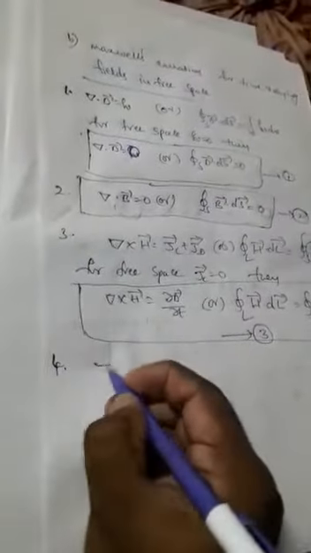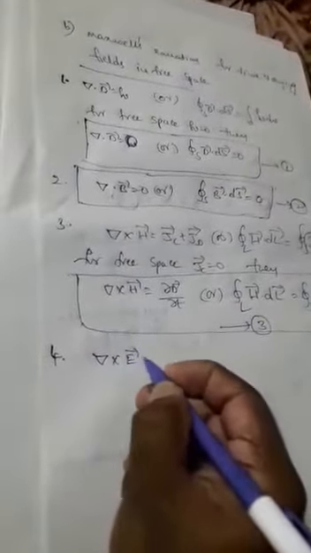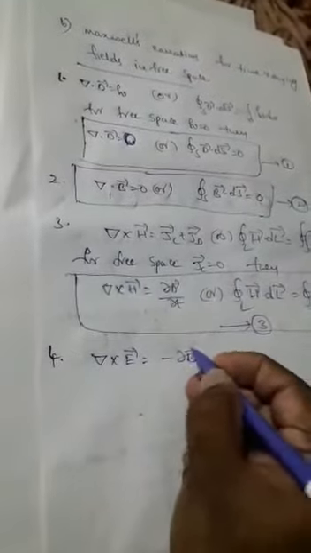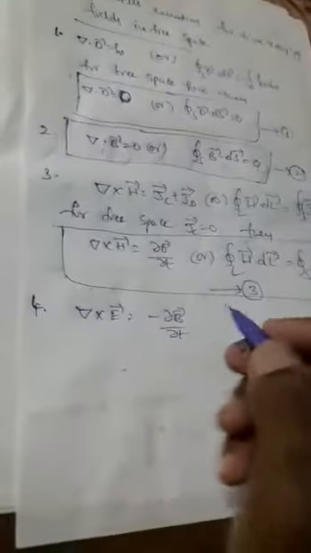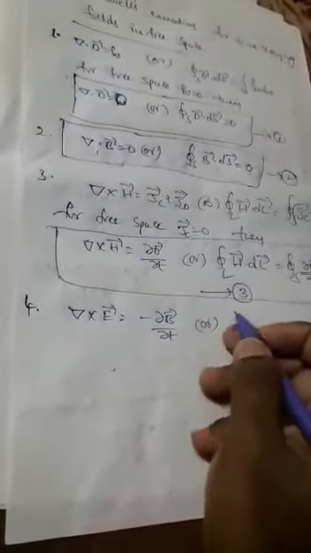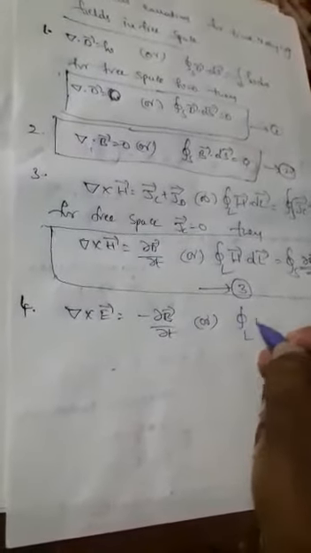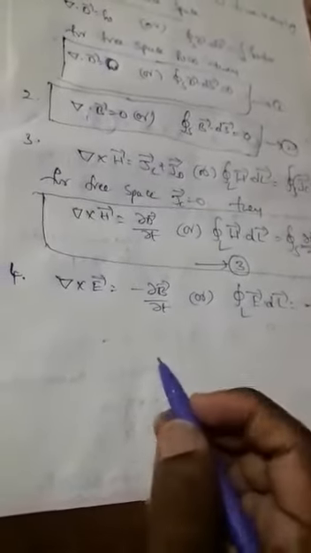Next one, curl of E bar is equal to minus dou B bar by dou t, which is in point form or differential form. And in integral form closed line integral of E bar dot dl bar is equal to minus closed surface integral of dou B bar by dou t into dS bar.